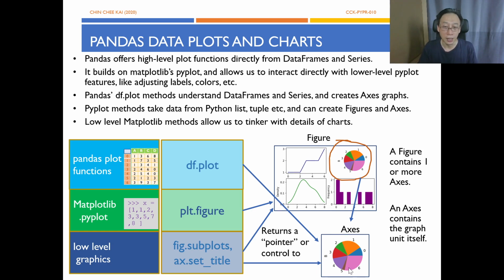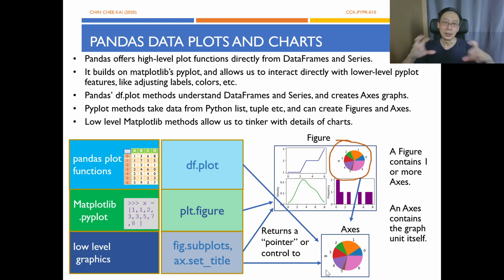So one chart like this, one chart is one axis. Again, this is not the official technical definition, but it's practical enough so that we will avoid all the confusion and dual speak between Matplotlib, pyplot, and Pandas. So one plot, one graph, in layman's terms, is one axis in Matplotlib, pyplot's lingo.